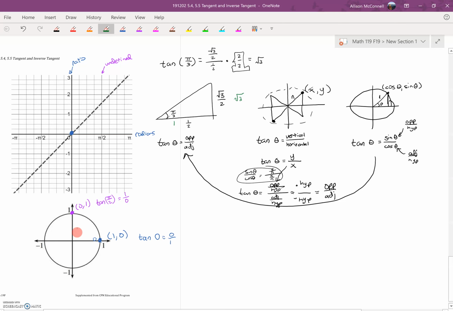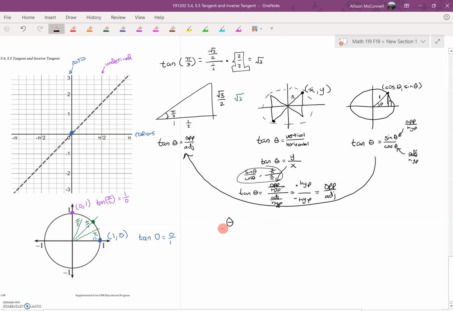So I'm going to skip that for now and think about what if I had my angle of pi over 4, my angle of pi over 6, and my angle of pi over 3. What I suggested in class was that you make a table of values.